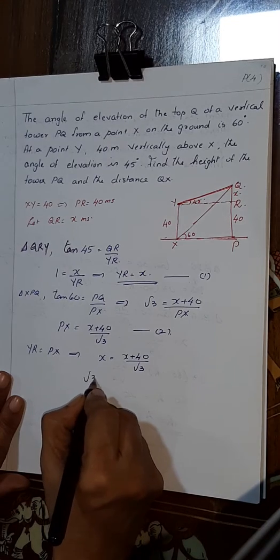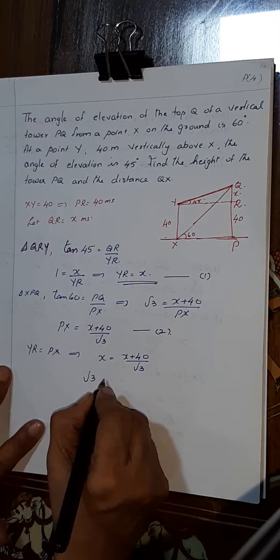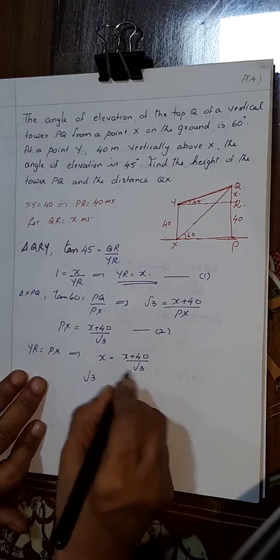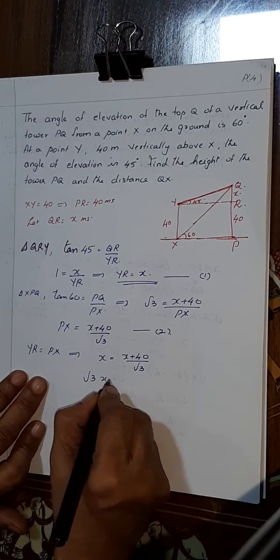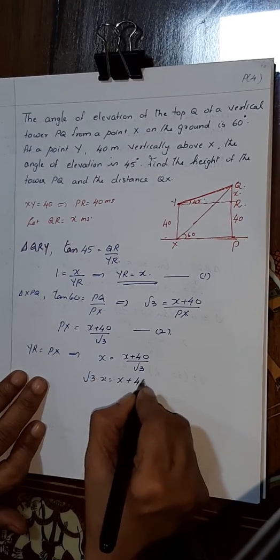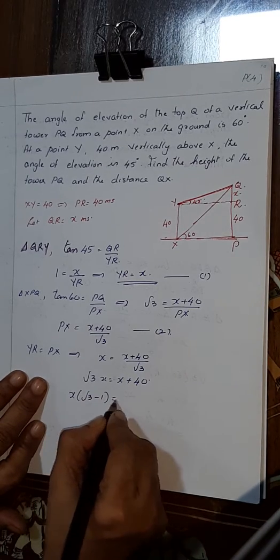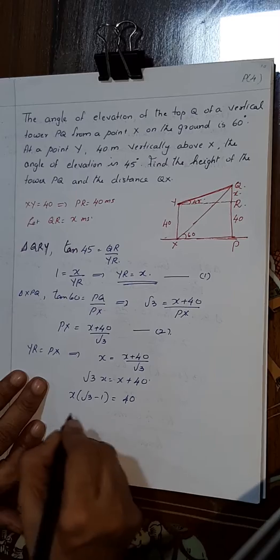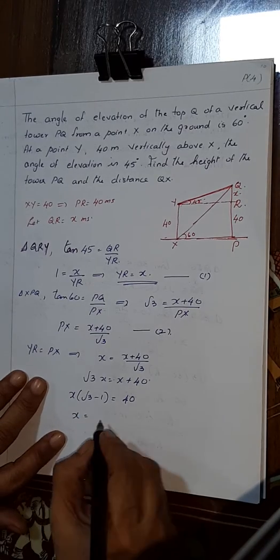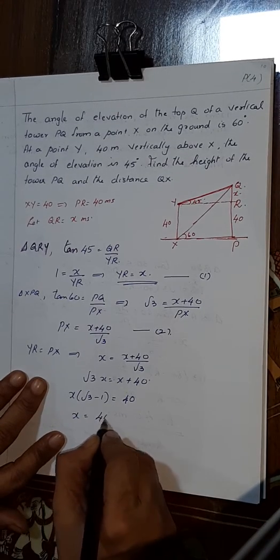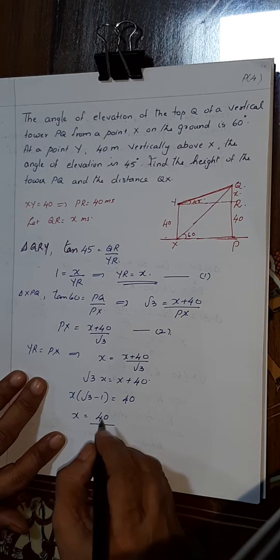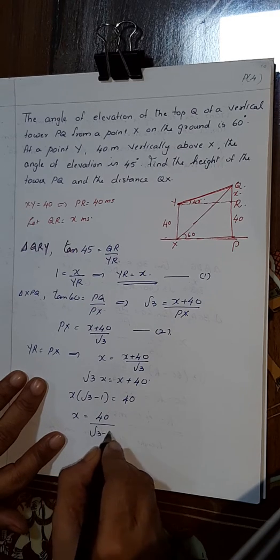So, root 3 x is equal to x plus 40. So, x into (root 3 minus 1) is equal to 40. So, x is equal to 40 by (root 3 minus 1).